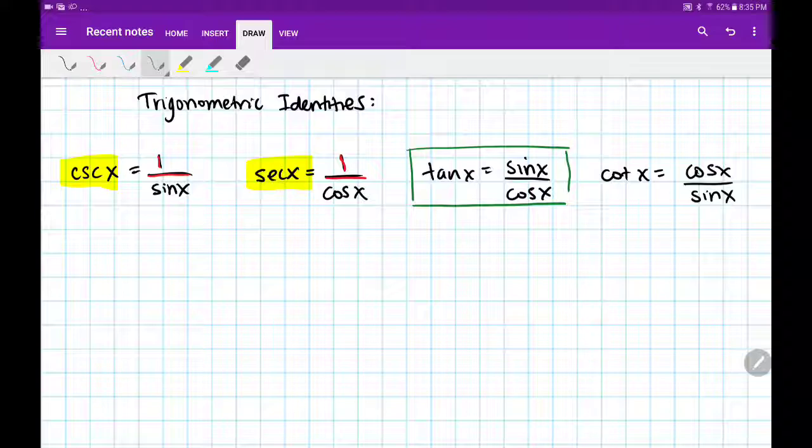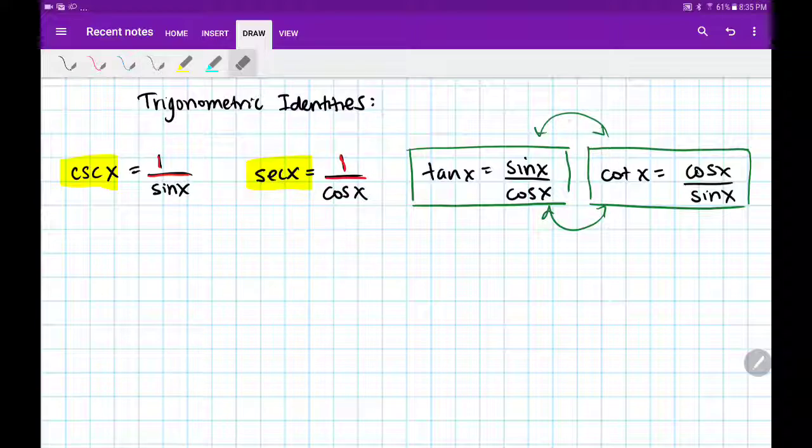And if that's true, then cotangent, which remember, cotangent's the reciprocal of tangent, well then cotangent is just going to be the opposite. Instead of sine over cosine, it would be cosine over sine, because after all, these two are reciprocals. So I'm going to prove for you why tangent is equal to sine over cosine, and then I hope that it helps you remember it for good, okay? So you're going to commit these 4 to memory.